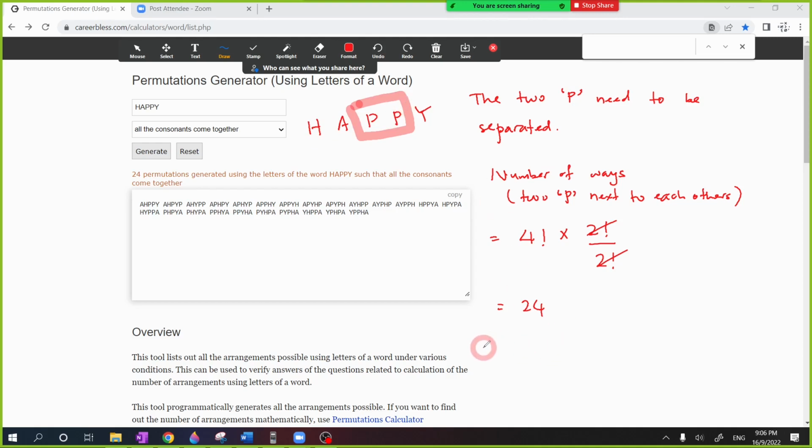So we have how many letters? 1, 2, 3, 4, 5. 5 letters. This will be 5 factorial, but there are 2 Ps, so divided by 2 factorial. Let me press my calculator, 5 factorial divided by 2 factorial. So this will be 60.